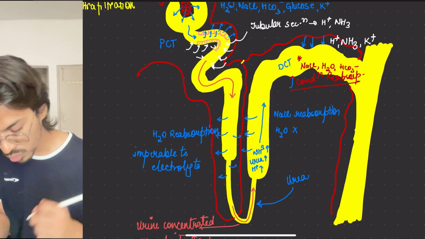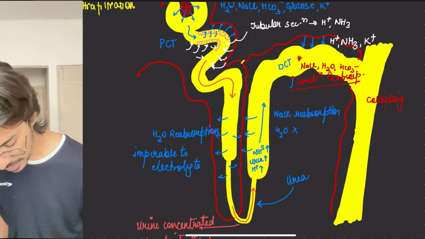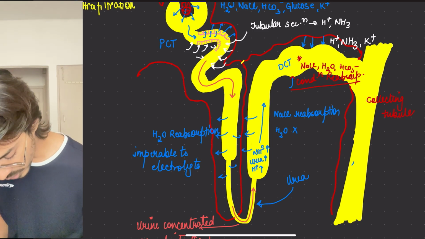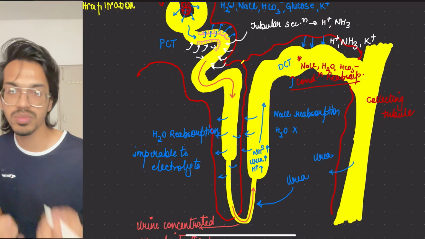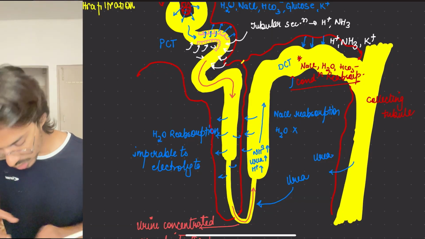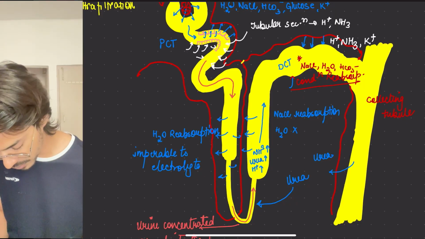Then if you go to this area, the collecting tubule, what will there be? Urea coming out from here into the interstitium to keep the osmolarities maintained for the countercurrent mechanism. A small amount of this urea keeps on going back into the tubules from this area.